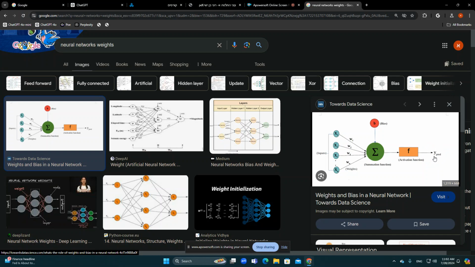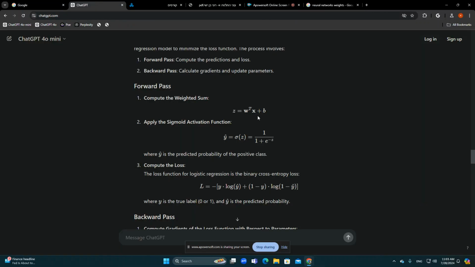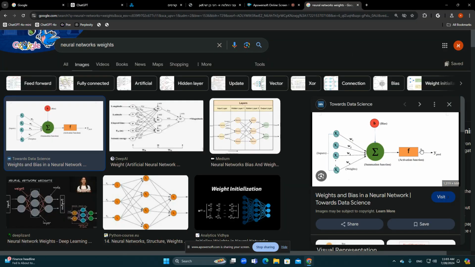And the difference will create the loss function, which will be the cross entropy, because the cross entropy is the loss function that can be used for this classification problem type of 0 to 1 probability. So we are calculating all of this. We are multiplying the x by the w's, summing them up, and also taking the b and summing it, and then doing the activation function, which is the sigmoid function here.